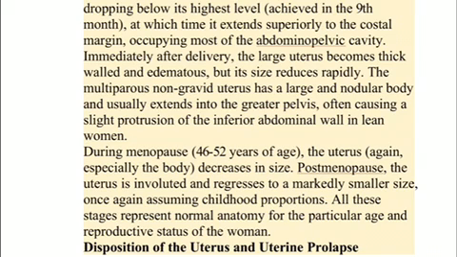What happens in menopause? At the ages of 46 to 52 years, the uterus, particularly the body, decreases in size. Then in the postmenopausal stage, the uterus is involuted, and it regresses to a very small size, and it now goes back to the childhood proportions.